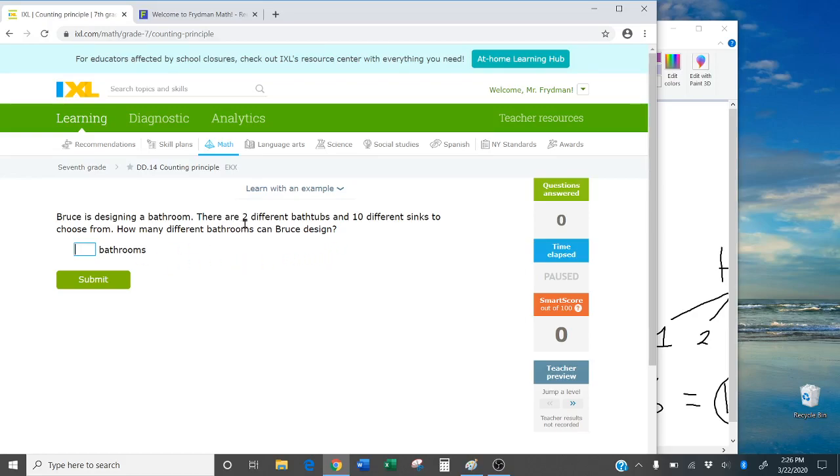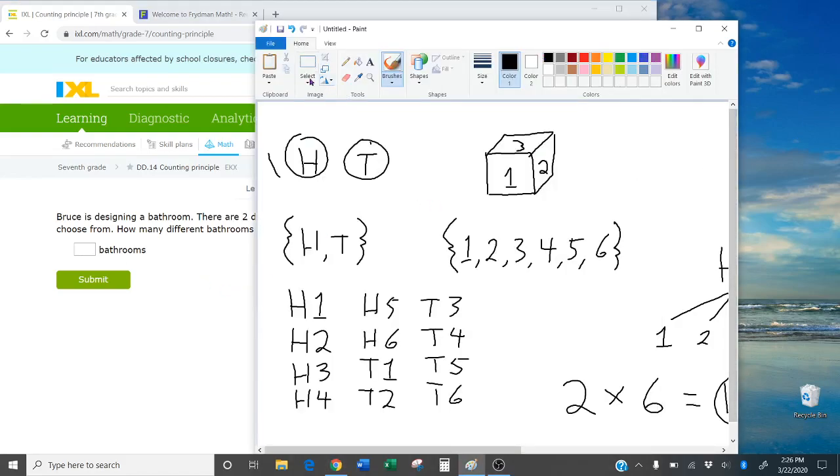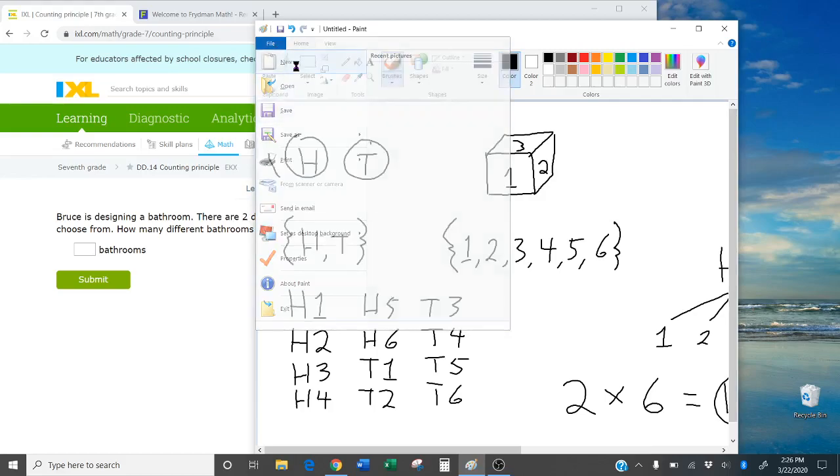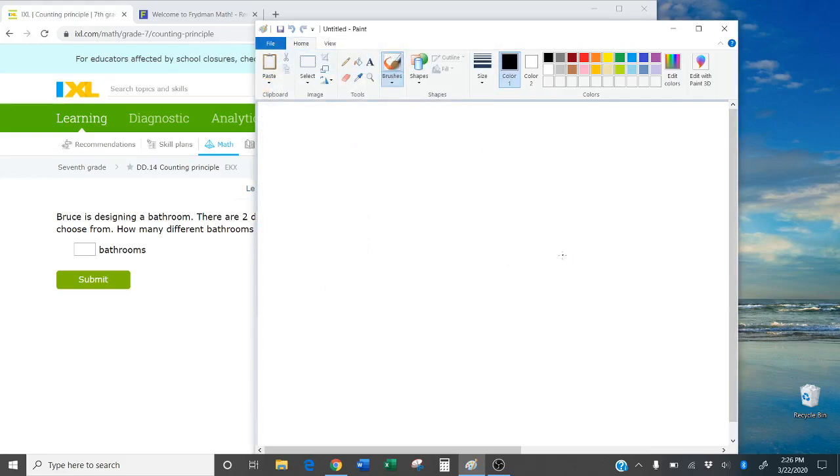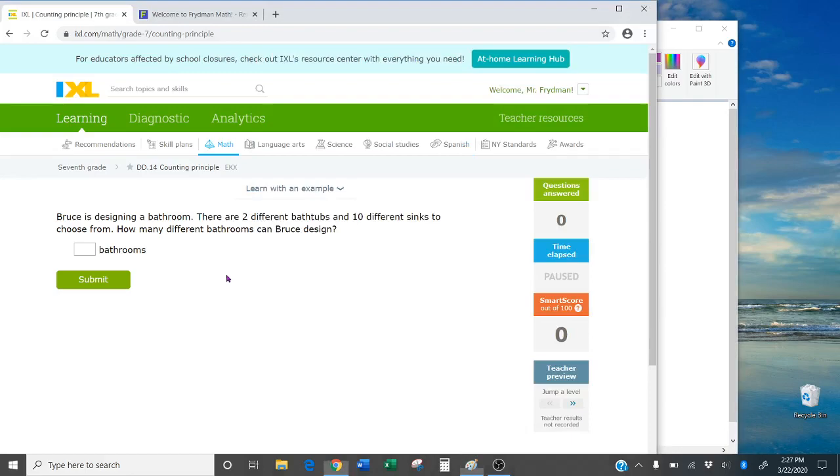All we have to do to figure out the different combinations from 2 different types of bathtubs and 10 different types of sinks is 2 times 10, which is 20. That's it.